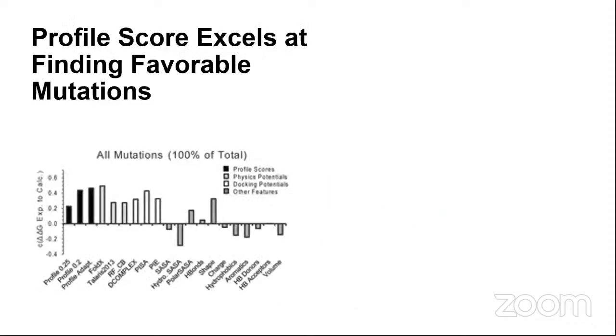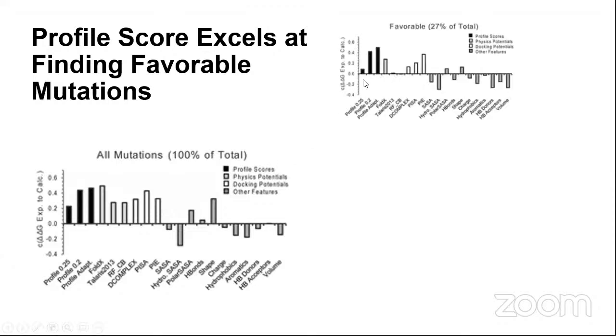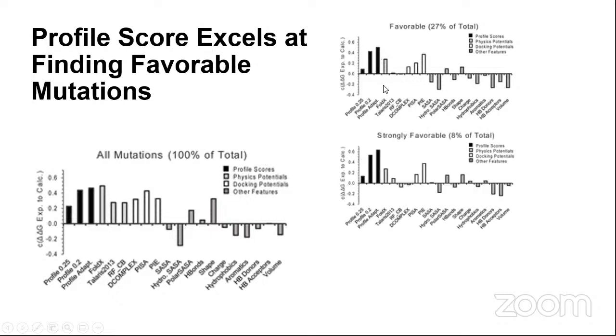And as we go through here, it's probably actually better than that because it excels at finding favorable mutations, which are really the ones that we are looking for. It's similar when we look at all mutations, but it is better than all the other techniques that we tested at finding the favorable mutations, even better at finding ones that are very strongly binding.